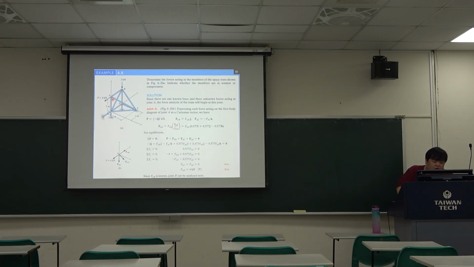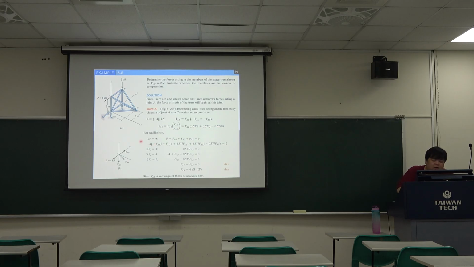So this vector is from A to E, where x is equal to 2, y is equal to minus 2, and z is equal to minus 2. Then we can use this vector to calculate the unit vector, and we can get FAE represented like this.